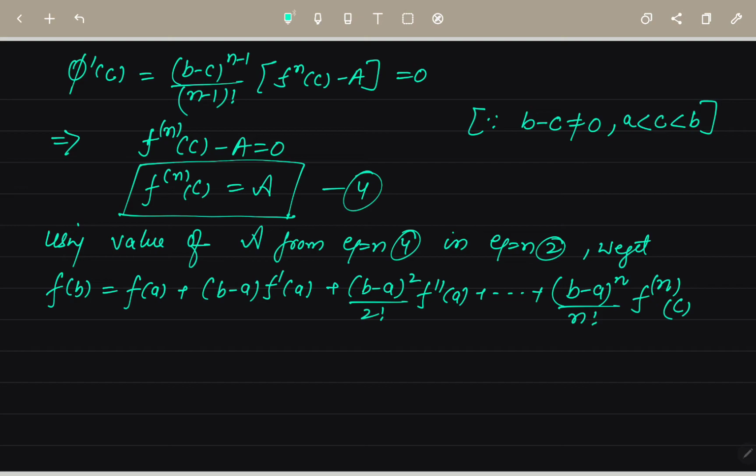Hence the theorem is verified, hence proved. This is the Taylor theorem with Lagrange's form of remainder.